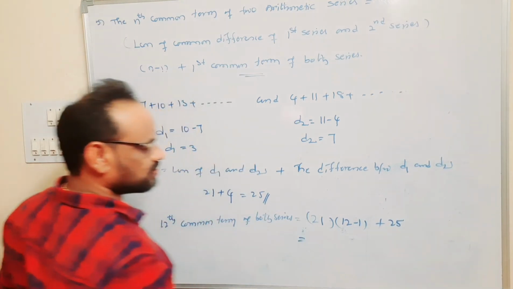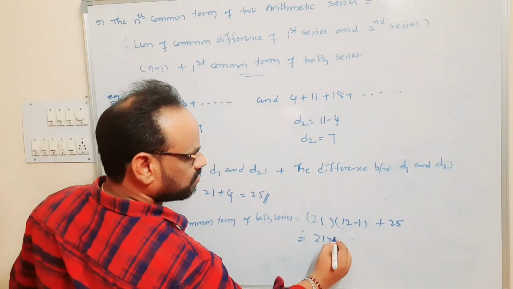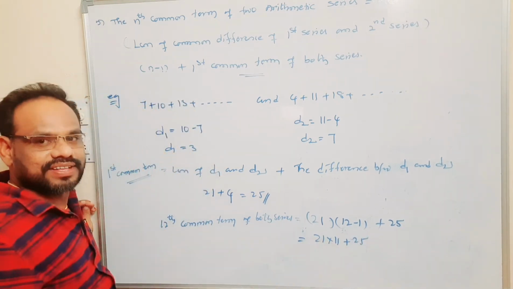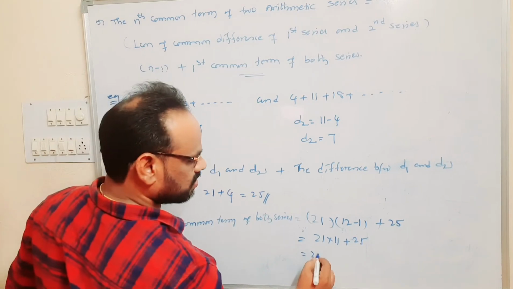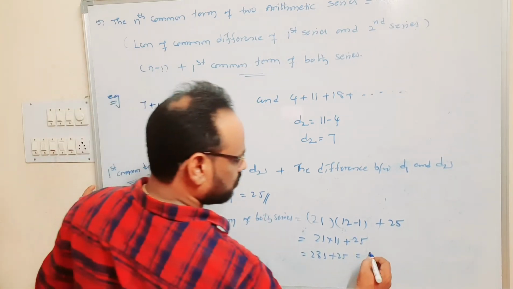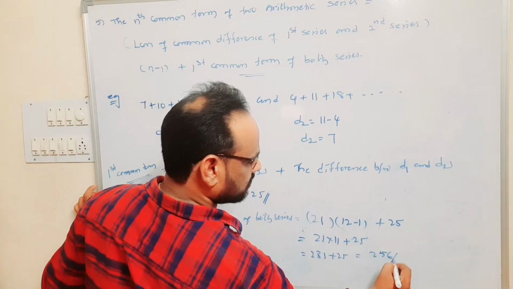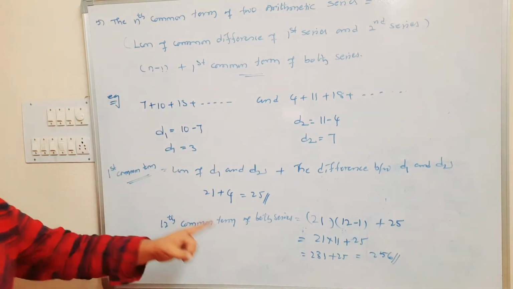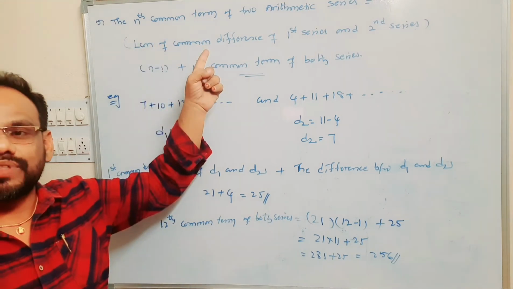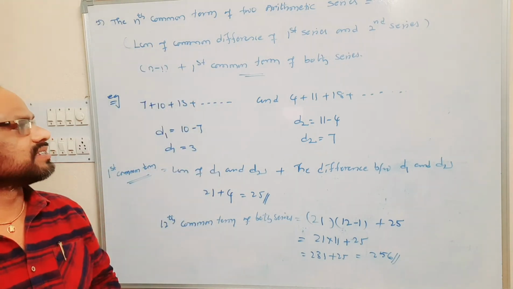That is equal to 21 into 11 plus 25. 21 11s are 231, plus 25 is nothing but 256. So 256 is the 12th common term of both sequences.